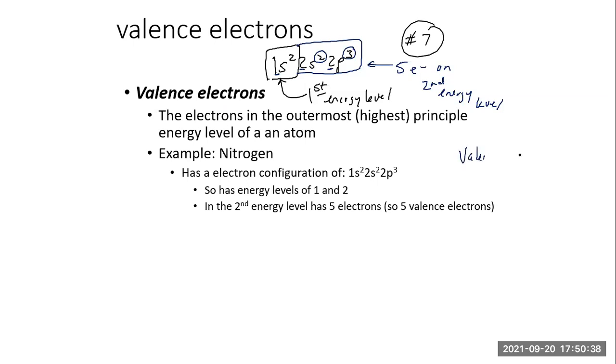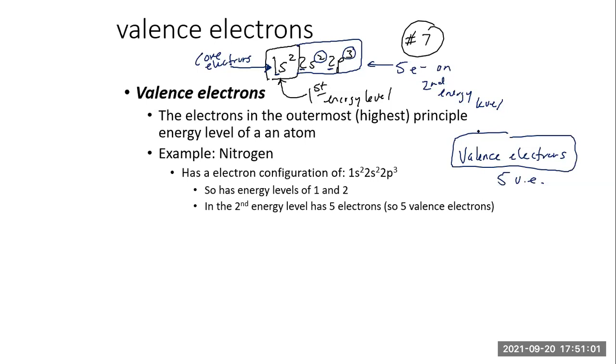So something like nitrogen would have 5 valence electrons. The electrons that are not valence electrons, that are lower in energy and closer to the nucleus, are sometimes referred to as core electrons. For the most part, in bonding, it's all about those valence electrons since they are the highest in energy and furthest away.